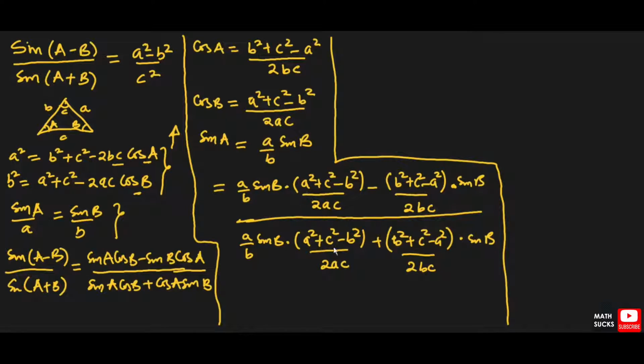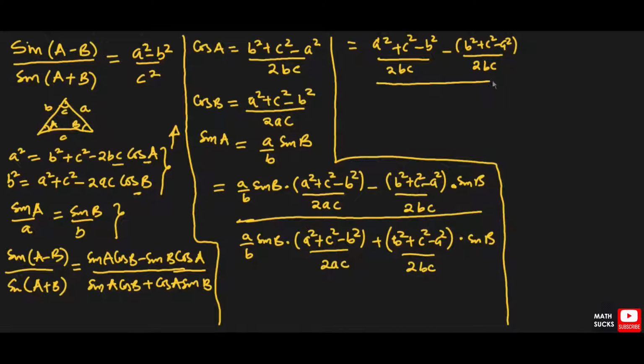So when we do that, sine of B is gone, A has cancelled up and down, so we basically have A squared plus C squared minus B squared over 2bc, then take off B squared plus C squared minus A squared, everything over 2bc.